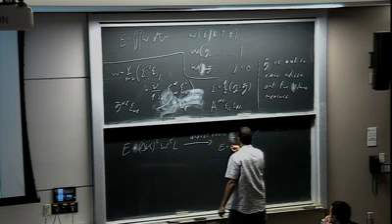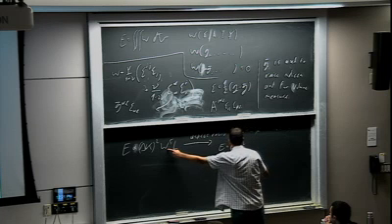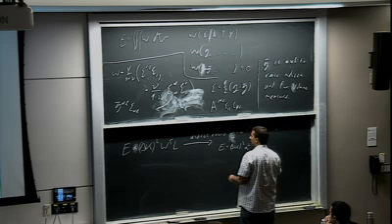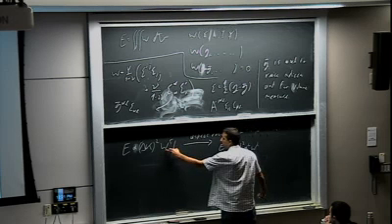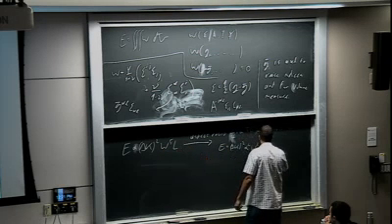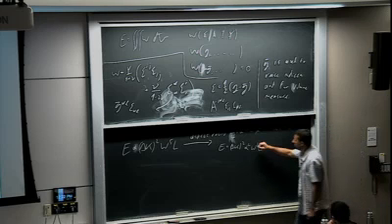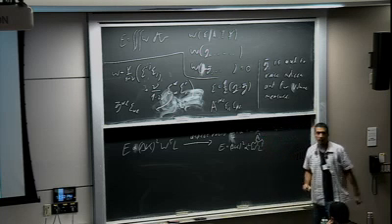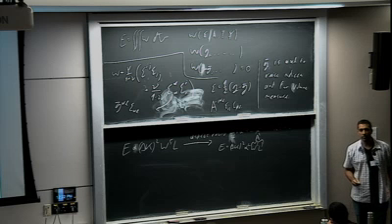reads delta K squared, alpha to some power. Now I have only 3 W's remaining, but I made 2 of them into 2 L's, so I have L to the 3rd. Okay? This is area to the 3rd. This is supra-extensive.